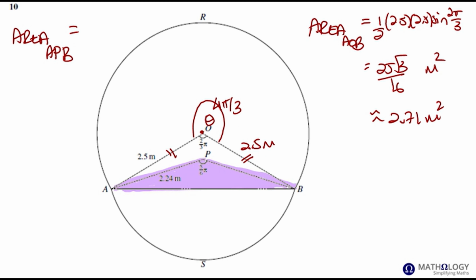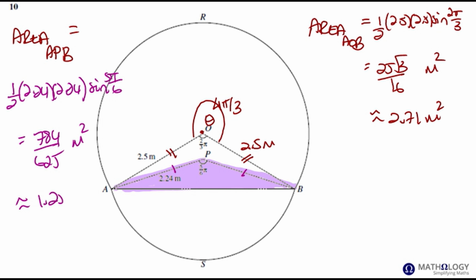Similarly, to find the area of triangle APB, we have PA being equal to PB, which is 2.24 meters, and we've got the included angle, which is 5 pi by 6. So the area of triangle APB is going to be a half times 2.24 times 2.24 times sine 5 pi by 6, 1.25 meters squared.